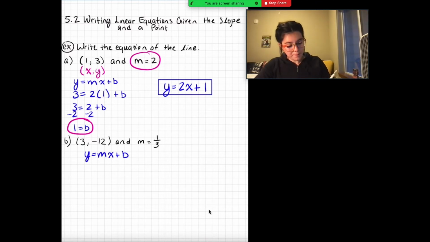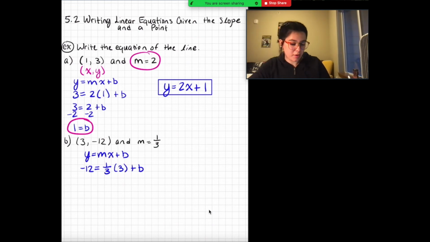We know y, it's negative 12. I got that from our coordinate point. We know m, it's 1/3. We also know x, it's our coordinate point 3. And then we'll have to solve for b. So now we have 1/3 times 3.